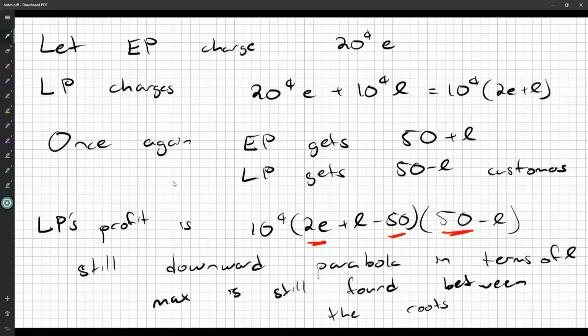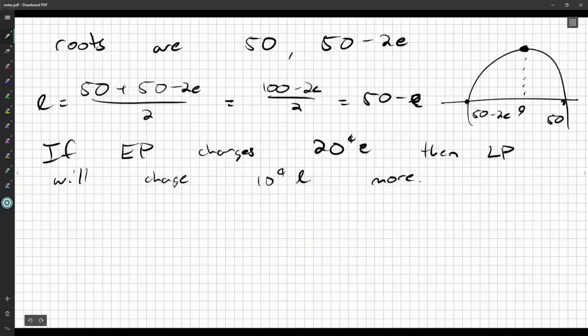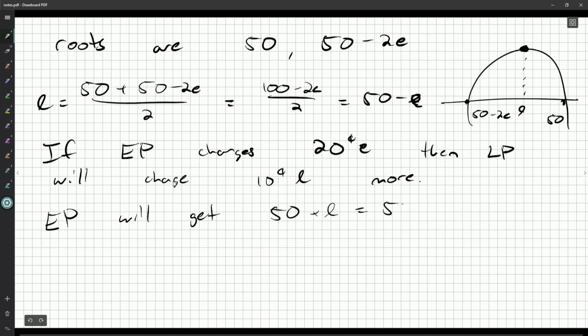And then once we have, because now this 50 plus L will now be expressed entirely in terms of E. So EP will get 50 plus L, which we know is 50 minus whatever Aaron is charging. Okay, so that's how many customers Aaron will get.